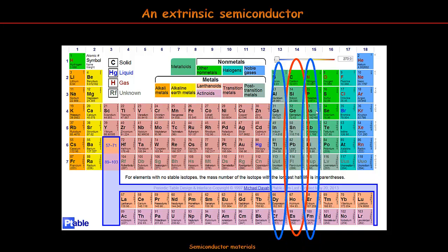If we dope a silicon network with atoms of elements from the 13th or 15th column, we will get an extrinsic semiconductor. Please notice that those columns stand for atoms with 3 or 5 electrons in their last layer, respectively. It is one more or one less than silicon.